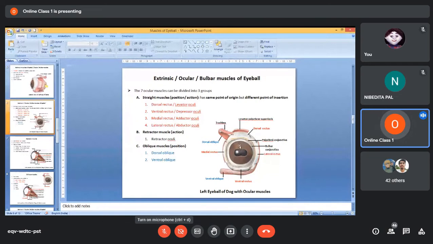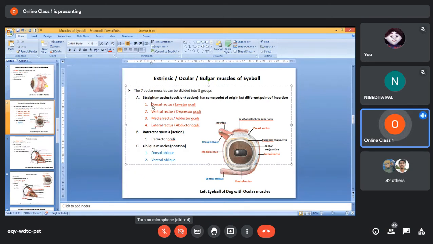If you see the image here, this is the left side eyeball. The straight muscles are named as dorsal rectus, ventral rectus, medial rectus, and lateral rectus. In this nomenclature, the first ones, dorsal, ventral, and medial, are based on their position.